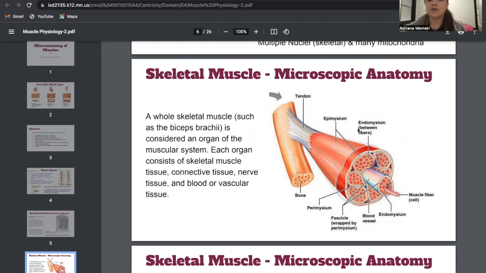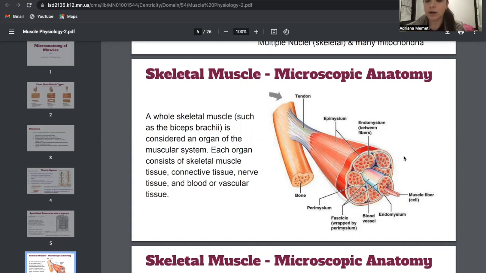And this is important to know because these layers protect the muscle itself from abrasion or friction against other muscles or bones.